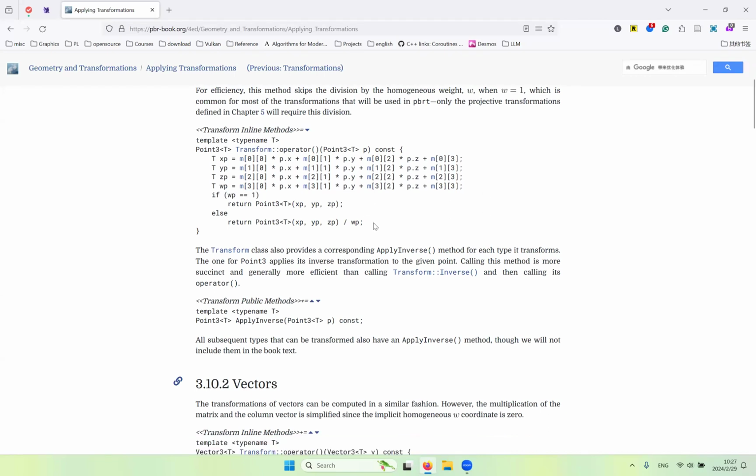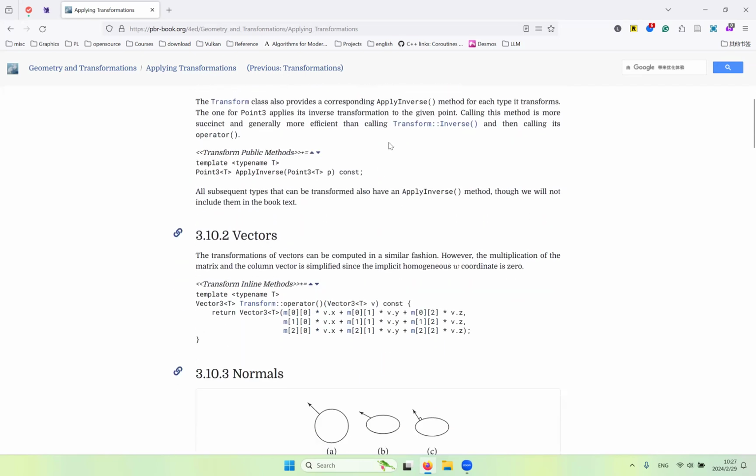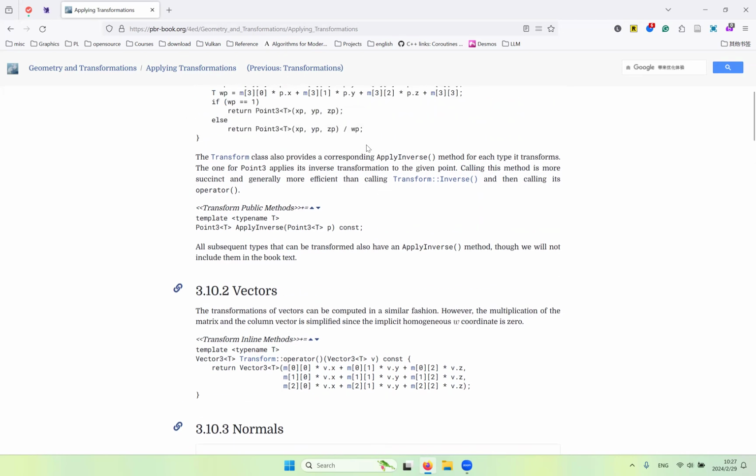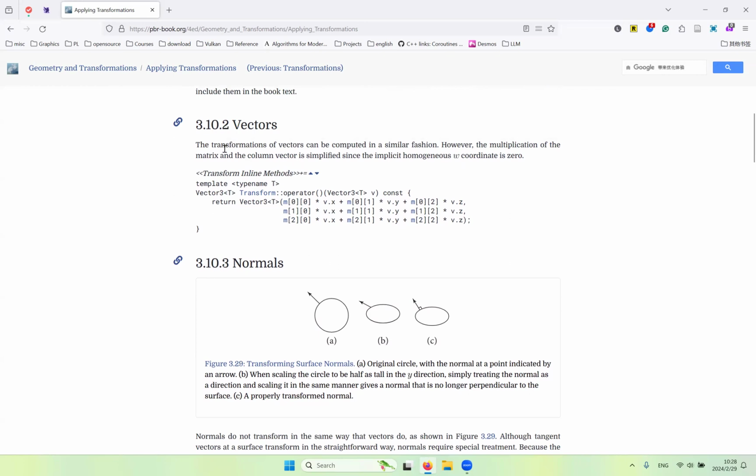Let's also apply the inverse method for each type, including point, to apply its inverse transformation to a given point. For vectors, it's very similar.